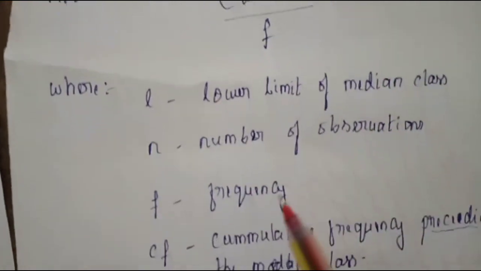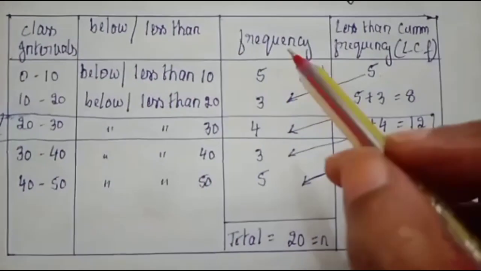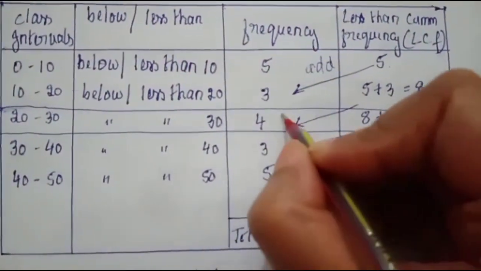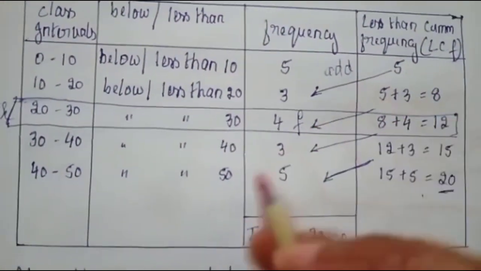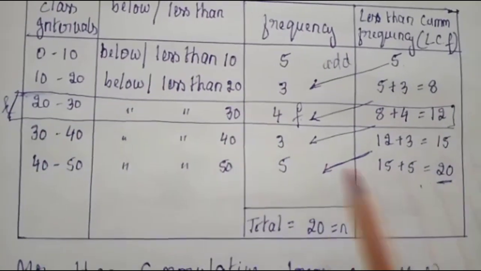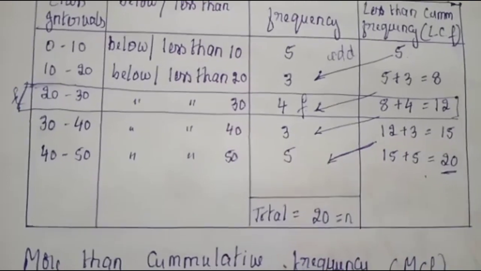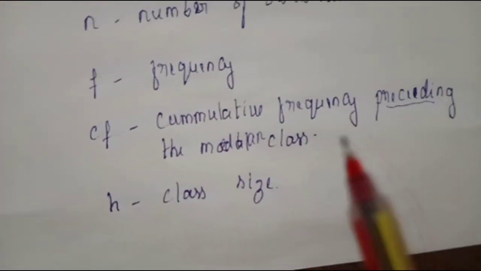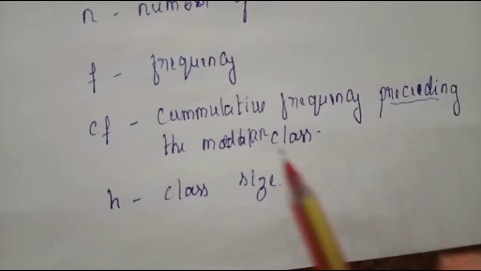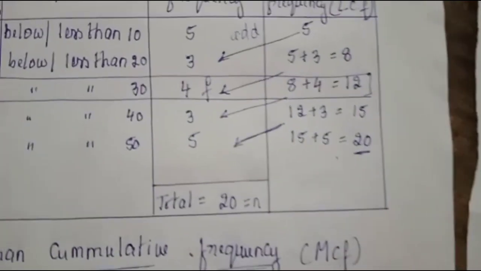Next terms: F and CF. F is the frequency, so it's very simple. See the frequency column. F is nothing but the frequency of the median class. And CF is nothing but the cumulative frequency preceding the median class. Preceding means before.